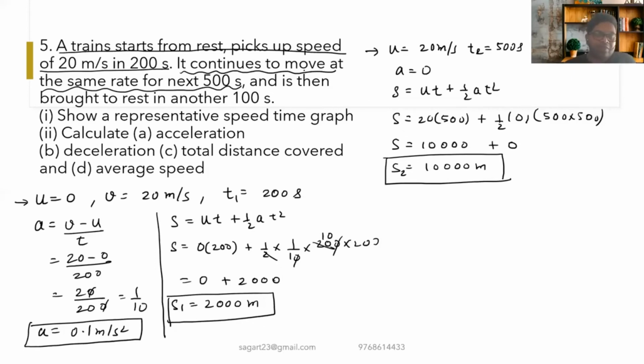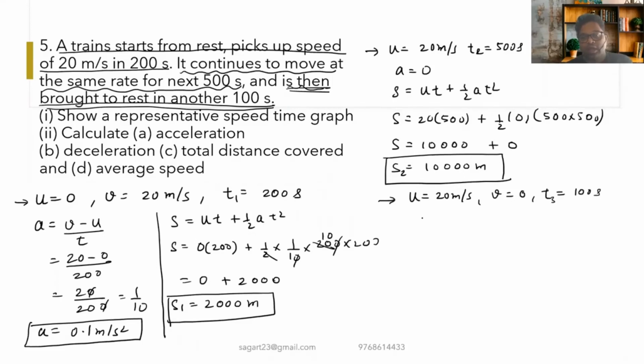Now, then what they say, it is then brought to rest. So then it is brought to rest in 100 seconds. So what we have over here, your initial velocity is 20 meter per second, your final velocity is 0, and the time taken to do that is 100 seconds. So what is the acceleration?